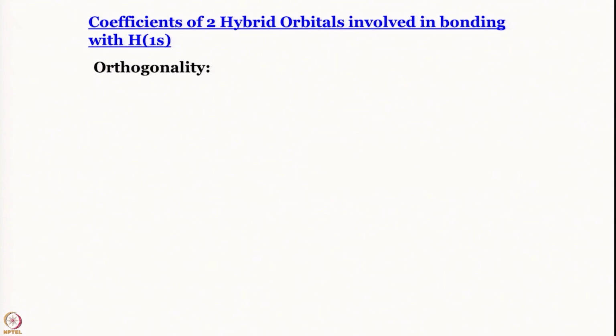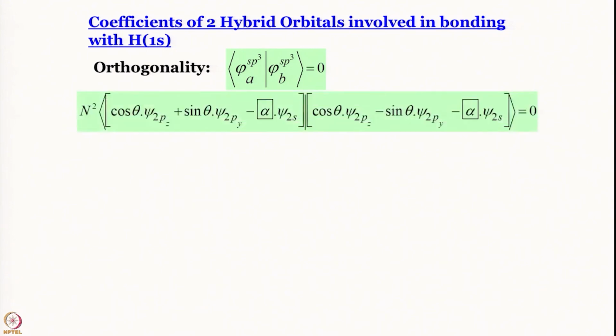Alright. So, now to determine the coefficient, the first relation that we will use is orthogonality between these two hybrid orbitals. So, this is the orthogonality relation as we know. So, we can write n square, then in the bra vector we write phi a sp3, in the ket vector we write this, and when we expand this, what are we going to get? We are going to get a sum of terms.